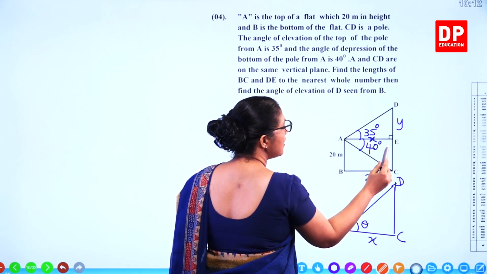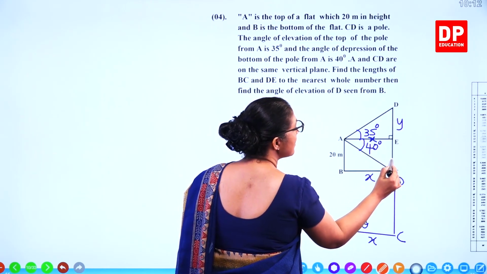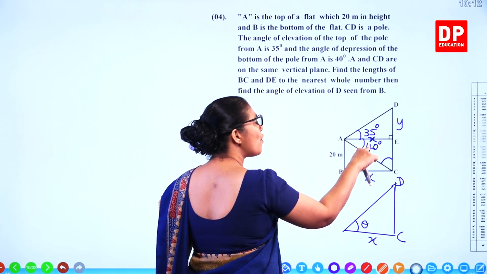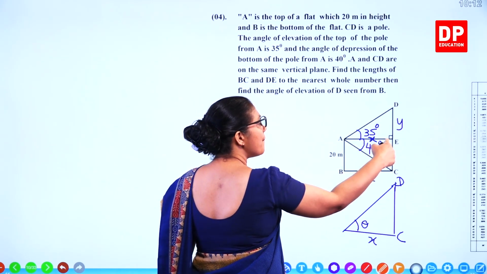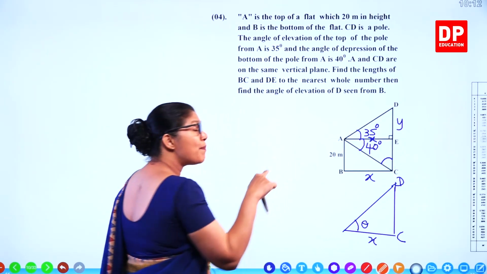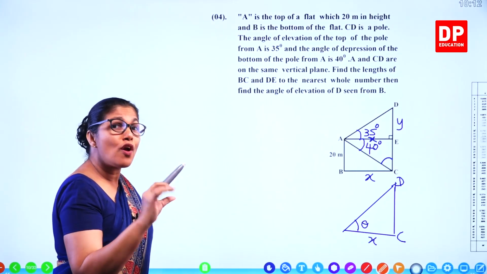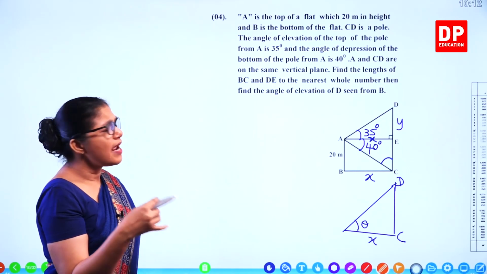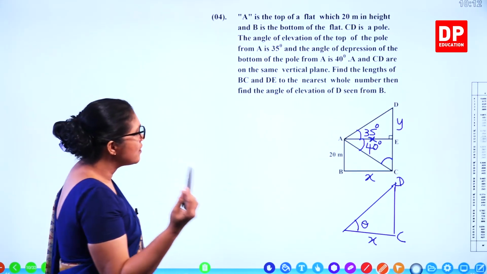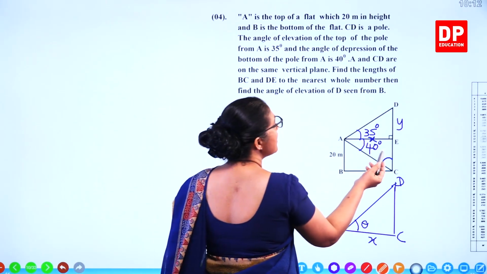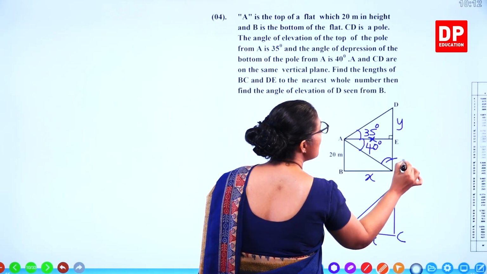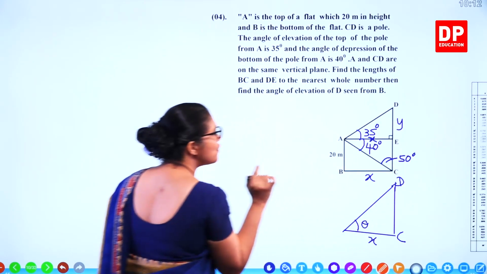It's better we not take 40, because with tan 40, 20 divided by X, you have to divide by the tan value and refer log tables. It's better to take the other way around. If this is 40, this angle is 50. So I'm using the 50 angle.